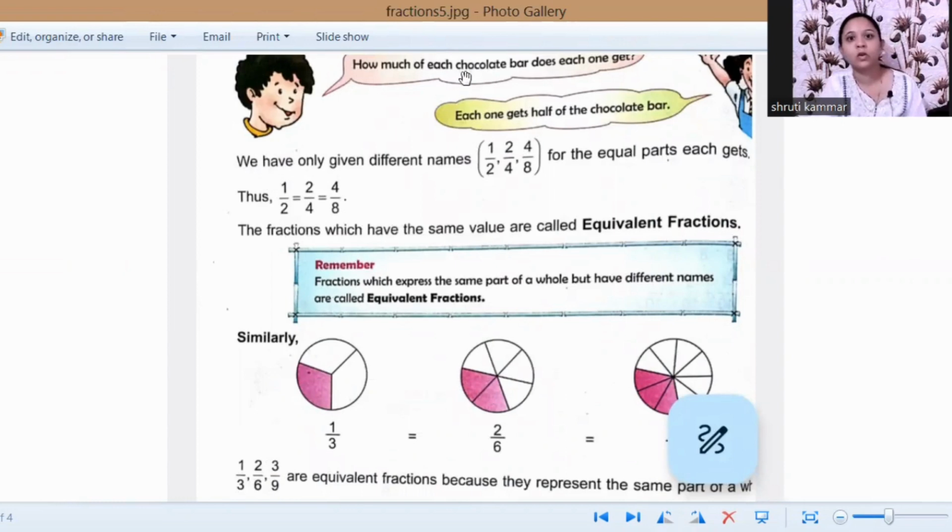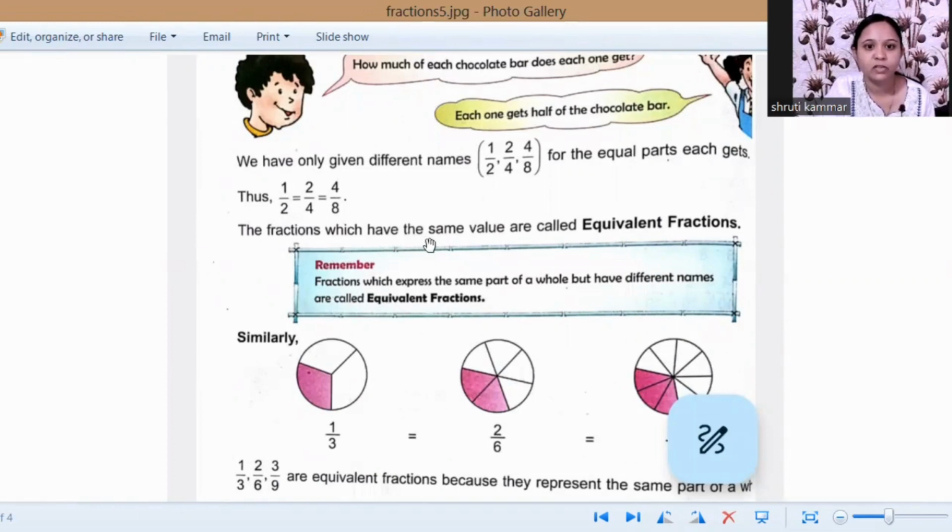So how much of a chocolate bar does each one get? Each one gets half of the chocolate bar. We have given different names: half, 2/4, 4/8. For the equal parts, each gets.